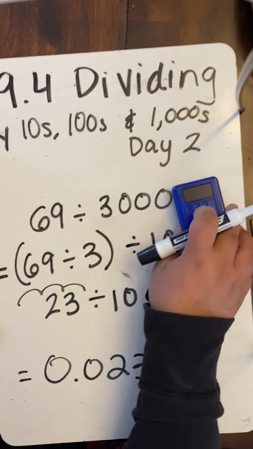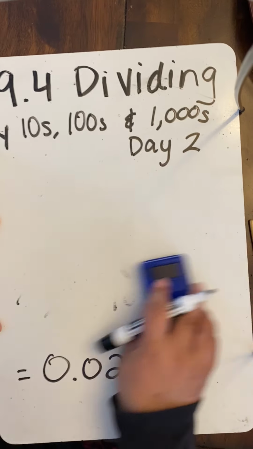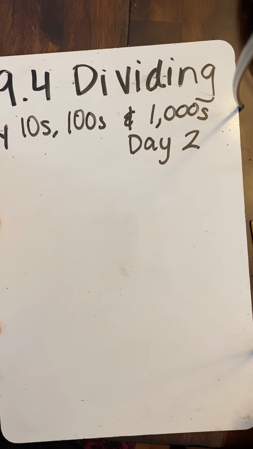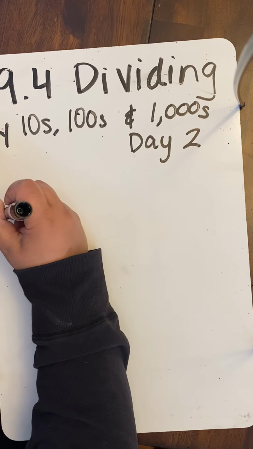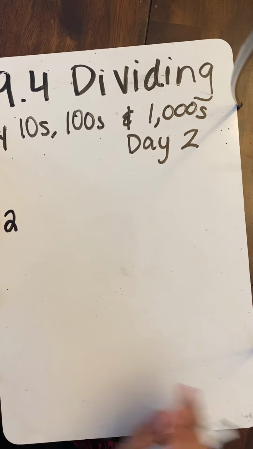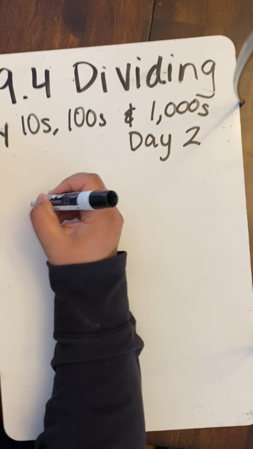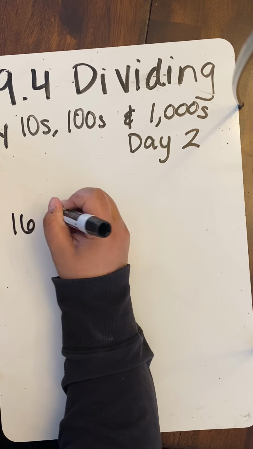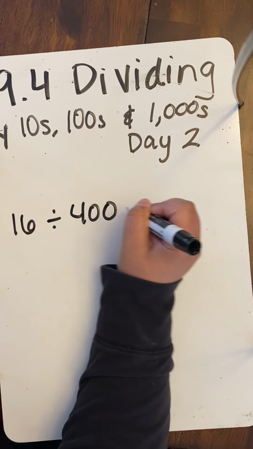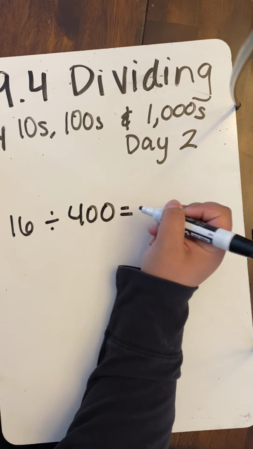Okay, it's your turn to try now. Actually, no, sorry, 16 divided by 400. I'm going to help you a little bit. What would that be?